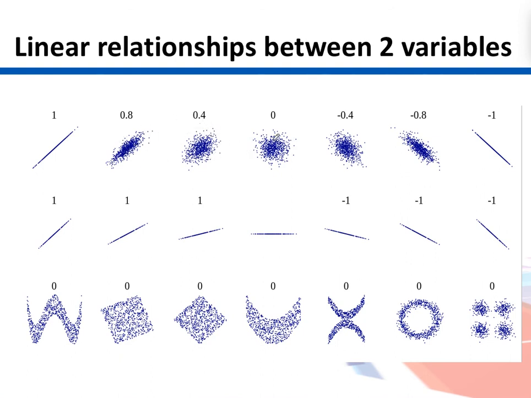More spread becomes a cloud here, so that means correlation is 0. Turning left, a negative correlation but weak, minus 0.4, stronger than this, a negative correlation, minus 0.8, and this is minus 1, a perfect negative correlation.